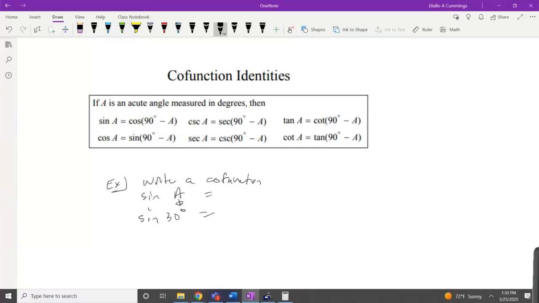It says that the sine of A is equal to the cosine of 90 degrees minus A. Wherever I see an A, I'm going to substitute it with 30. So that's the cosine of 90 degrees minus 30 degrees. The sine of 30 degrees is equal to the cosine of 60 degrees.